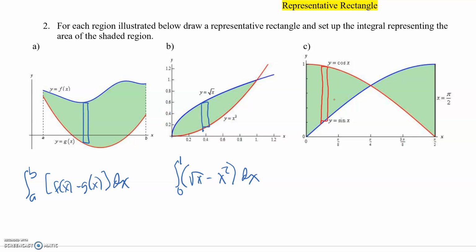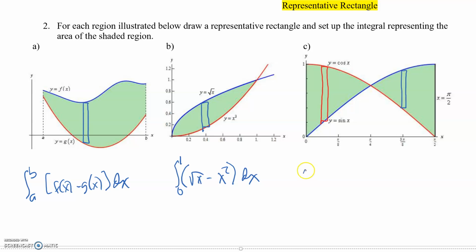So the suggestion here is, let's split this up into two different integrals. One that represents the region where the red graph is above the blue graph, and I drew a red representative rectangle for that region. And then the other integral would correspond to the region where the blue graph is above the red graph, and there's a blue representative rectangle there.